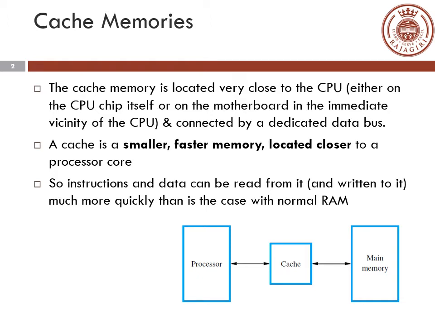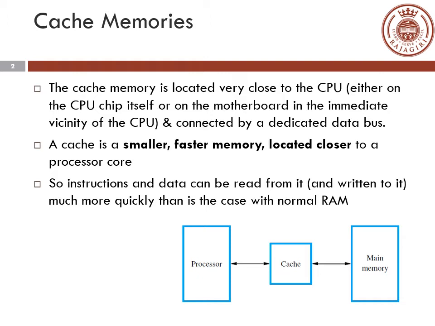Either it might be in the same CPU chip itself, or it might be on the motherboard, very close to the processor. And the connection between the processor and cache is through a dedicated data bus. The cache memory is smaller. It is a much faster memory compared to the normal memories, and it is located so close to the processor.